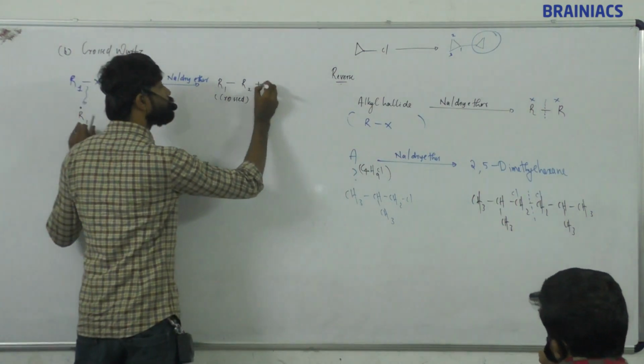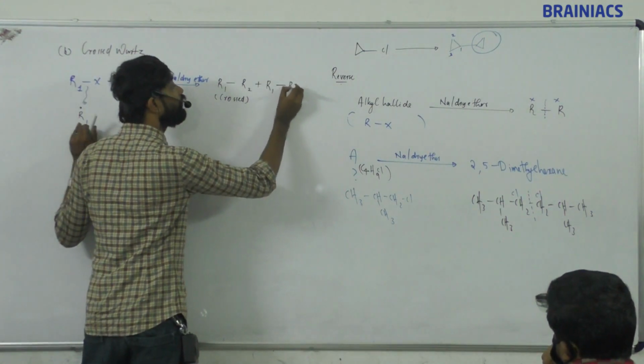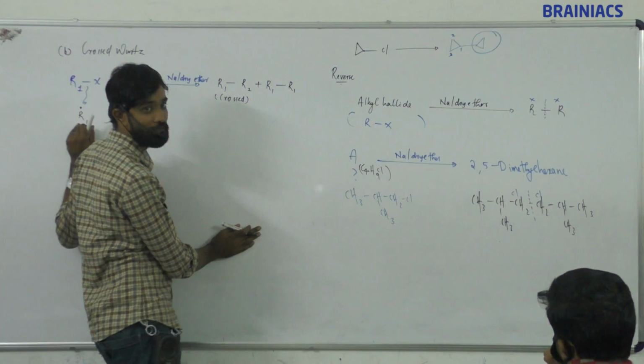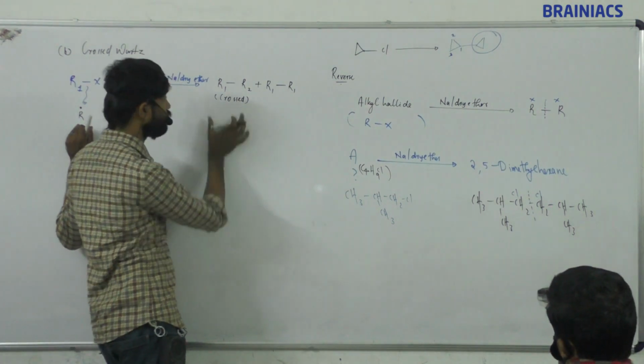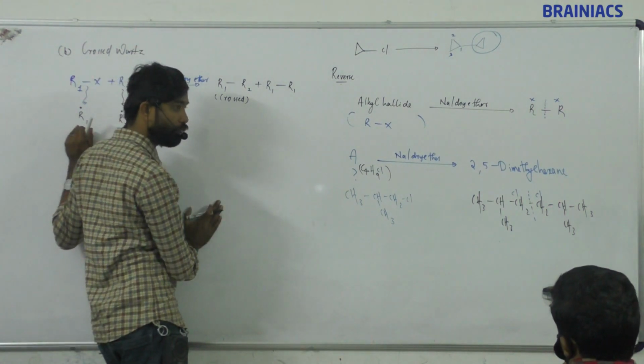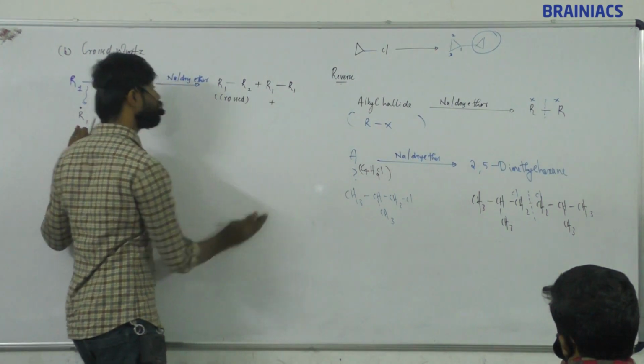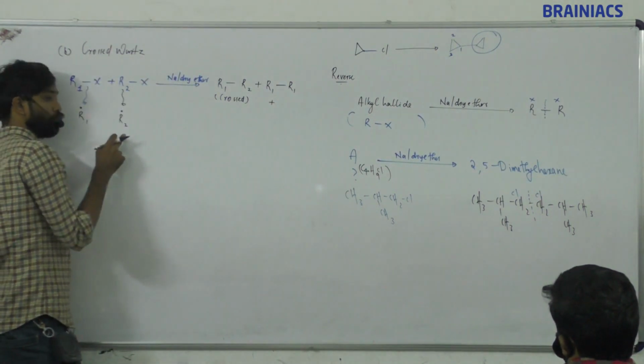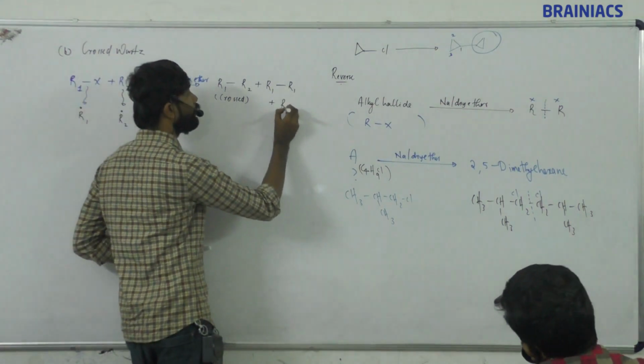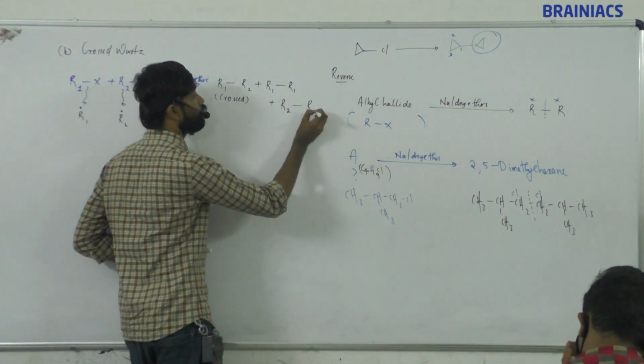So the next possibility is between R1 and R1, so there is a chance for the simple product also, not only the cross. Like that, there is a chance for 2 R2, so it will be R2-R2 also.